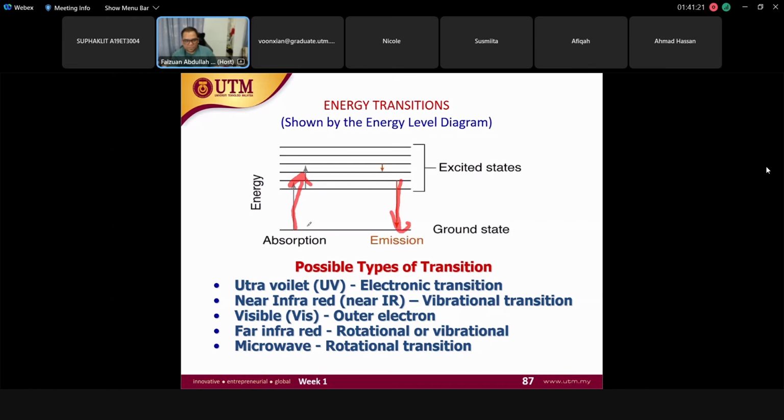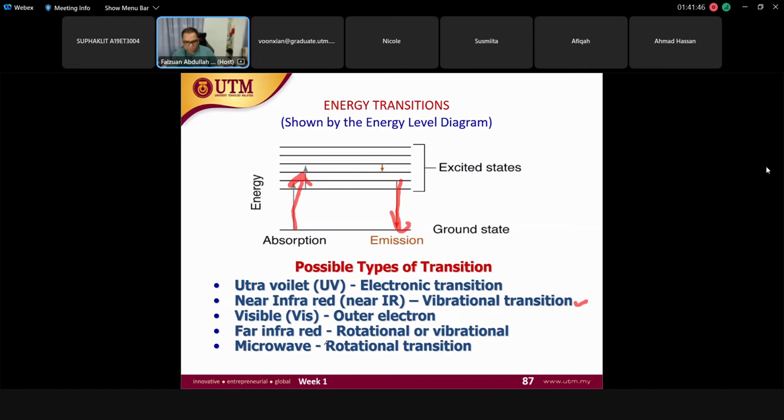Absorption is from the ground state to the excited state, and emission is the transition from the excited state to the ground state. And what is the possible type of transition? For ultraviolet or UV, it is electronic transition. Near infrared is a vibrational transition. The visible is outer electron.